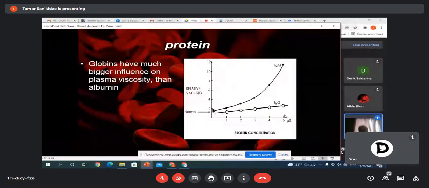The globulins like immunoglobulin M and G have different impact. As you see from this picture, immunoglobulin M has important impact on the blood viscosity, whereas immunoglobulin G does not. This is related with their structures.